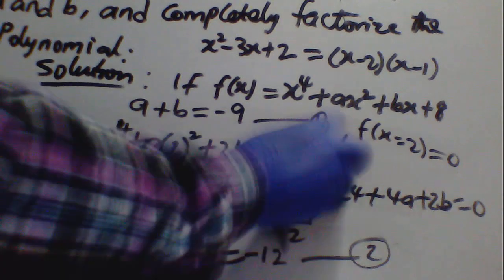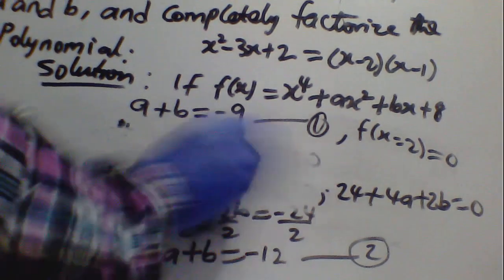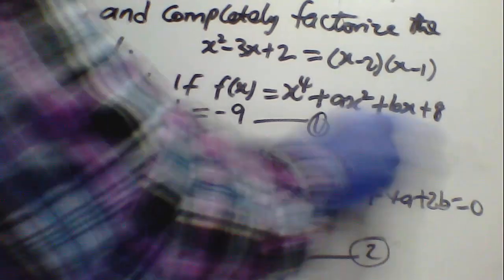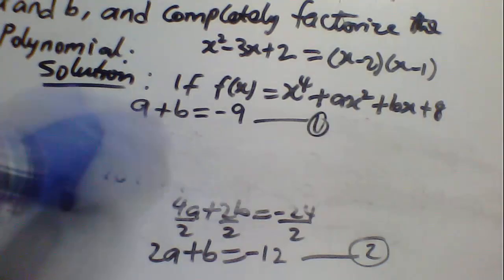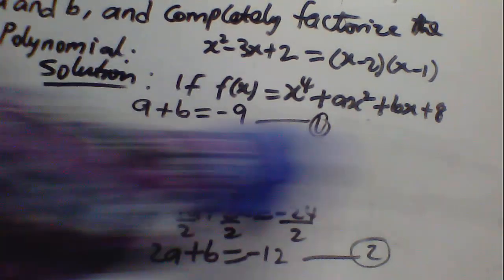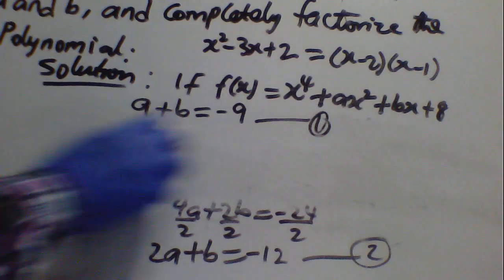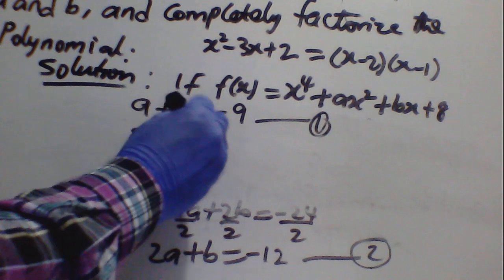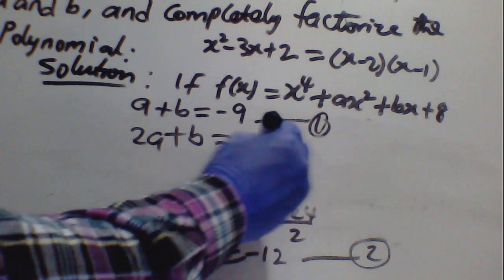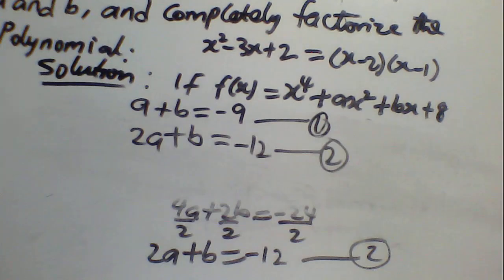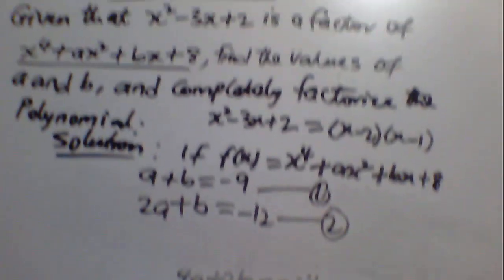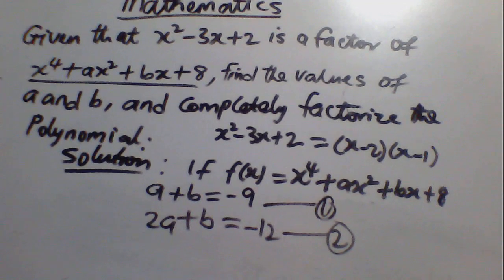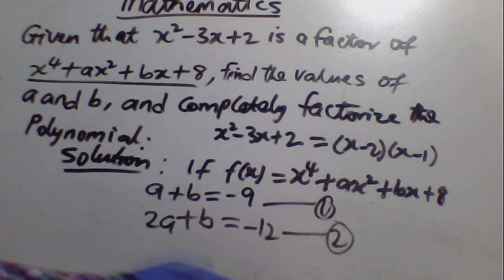I hope you are following. So from here we have 2a plus b equals minus 12. This is equation 2. We have gotten equations in a and b.